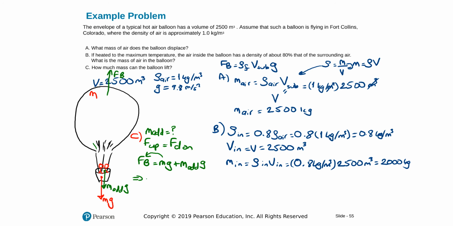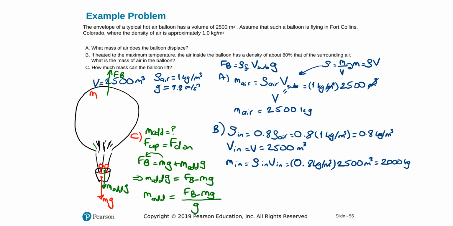So m add times g is equal to buoyancy force minus mg for the balloon. Divide each side by g. So the maximum amount of mass I can add is equal to F buoyancy minus mg, divided by g.